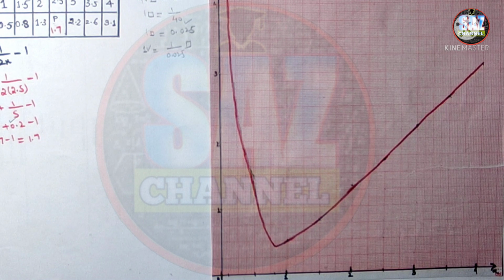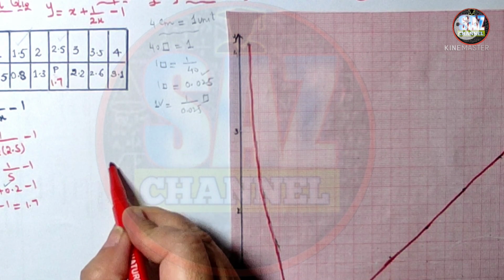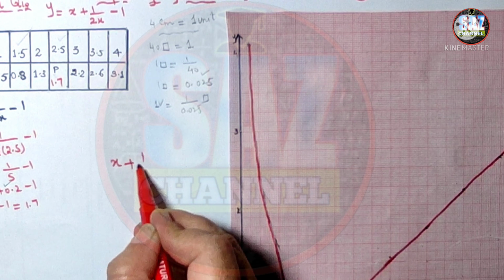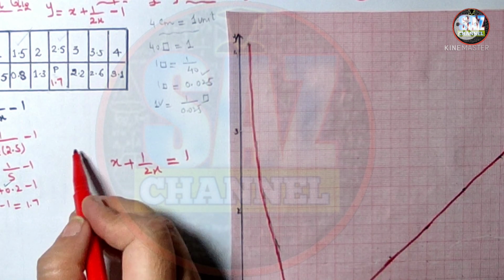And now it's the time to go for the next part of the question, and it says use your graph to find the value of x in the range for which (x plus 1) over 2x equals 1. And now this is the C part.